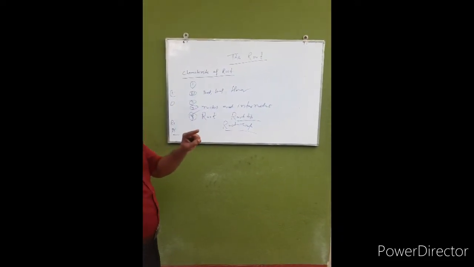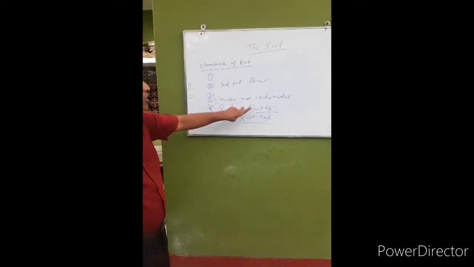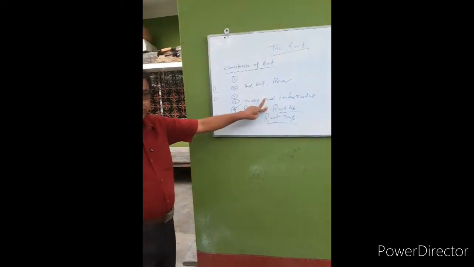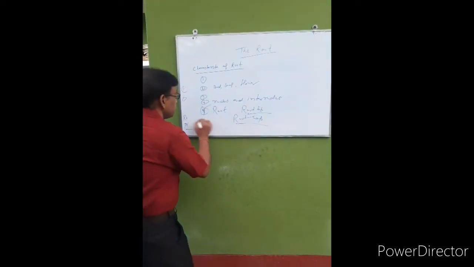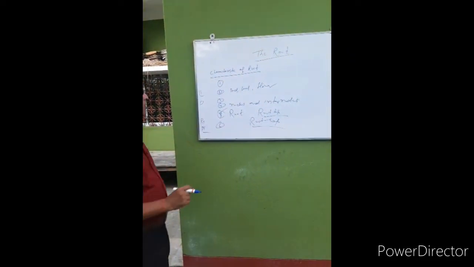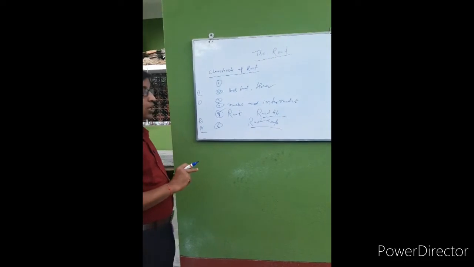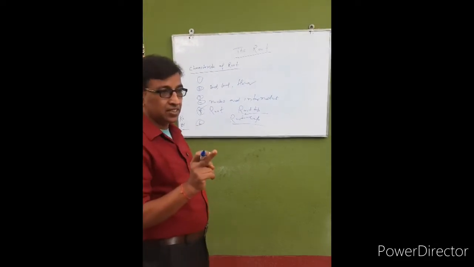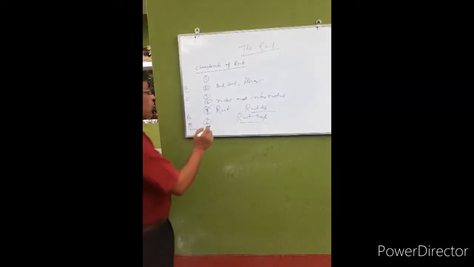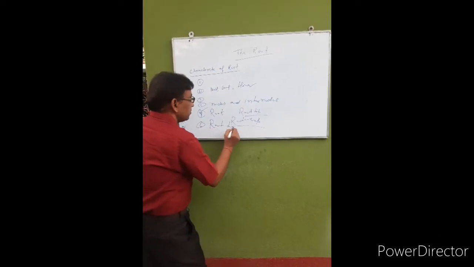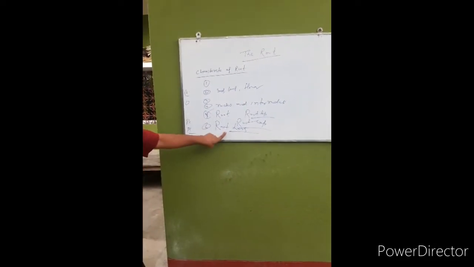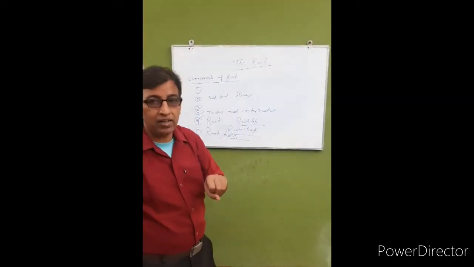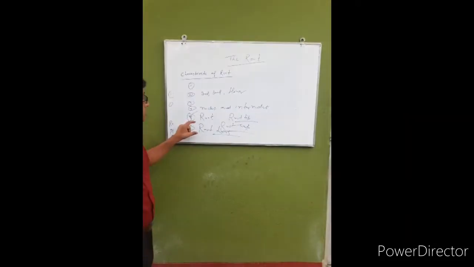So we can say that the root tip is not the apical part, but the subapical part of the root. Sixth point, the root contains numerous delicate thin hair-like structures, which are called root hairs. These root hairs are helpful in absorption of mineral water from the soil. So this is an important structure of the root.